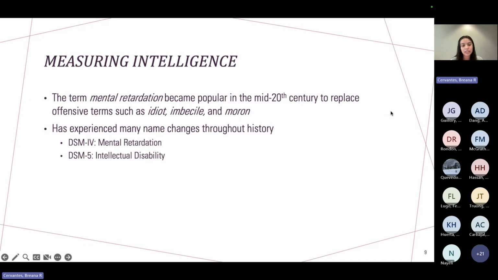So in terms of measuring intelligence and the terminology, there have been different terms for many, many years to describe deficits in intelligence or some sort of lower processing or lower level than what the norm is. So there are different terms.